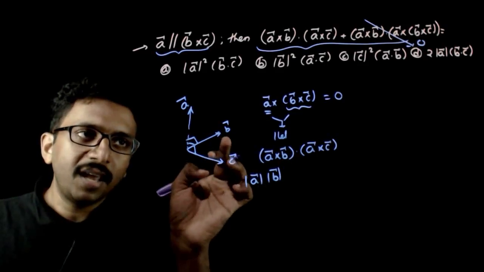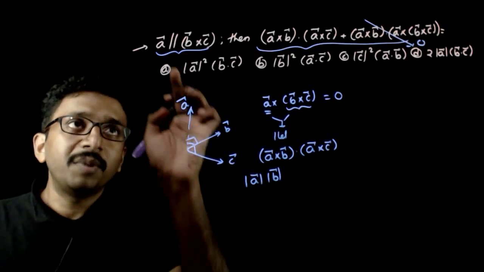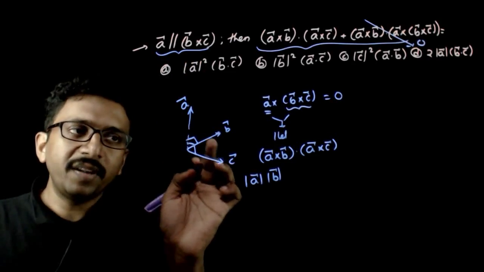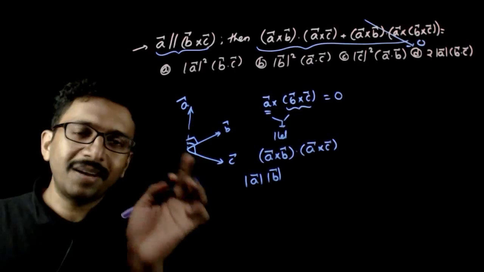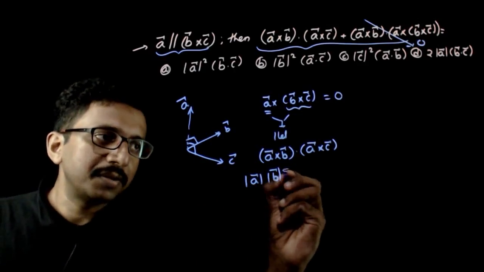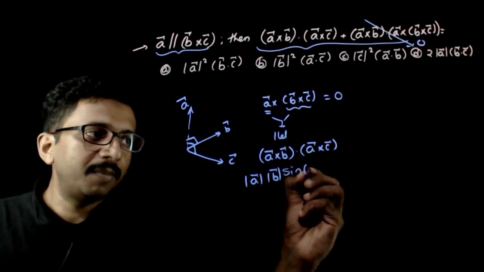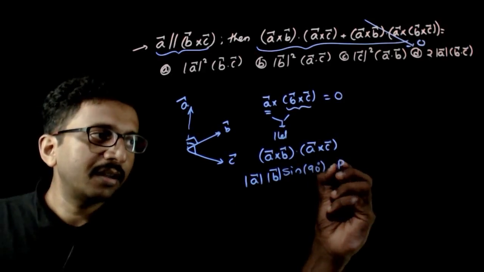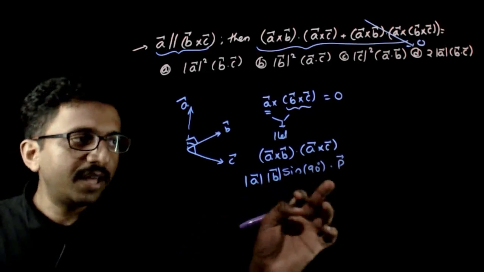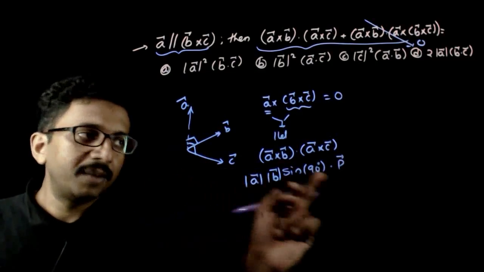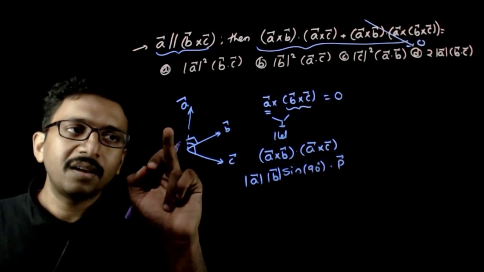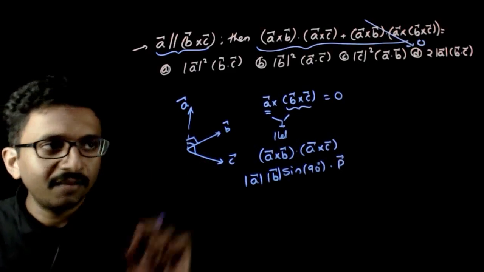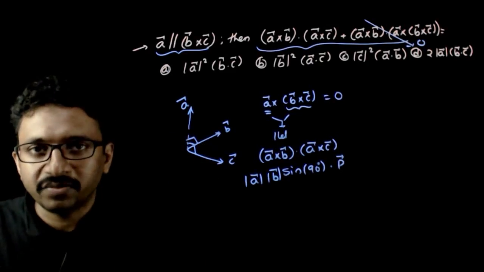Because A bar is parallel to B bar cross C bar, the angle between A bar and B bar as well as A bar and C bar is 90 degrees. So sine of the angle is sine 90 degrees, times a vector P bar, where P bar is perpendicular to A bar as well as B bar.